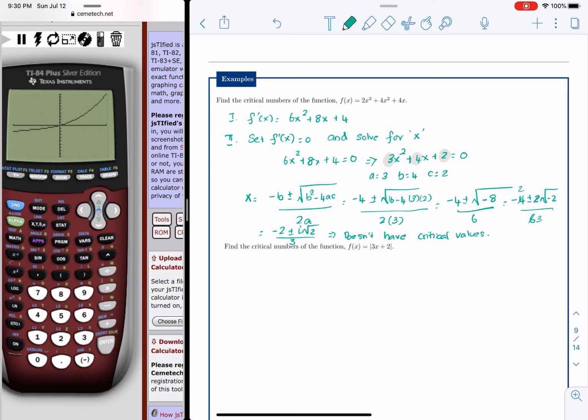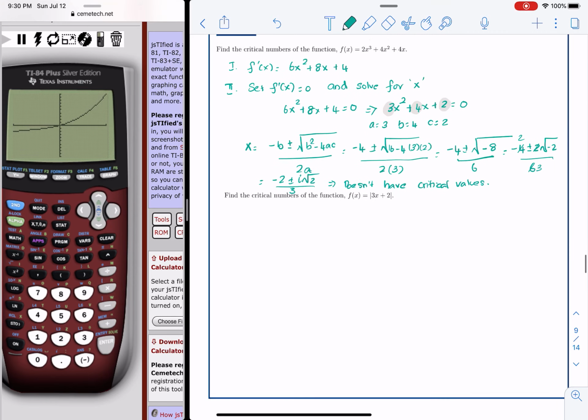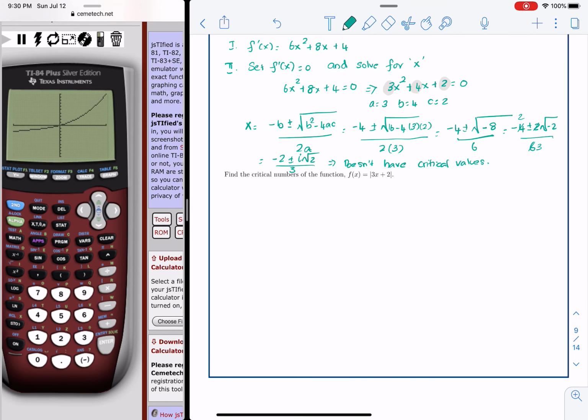And you can see that there is not a well-defined absolute maximum, minimum, or local maximum or minimum, which is why we are getting imaginary critical values. So in this particular case, the function doesn't have any critical values that are real.